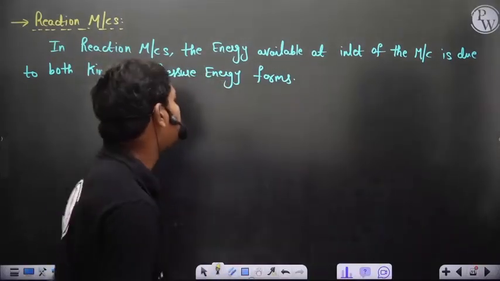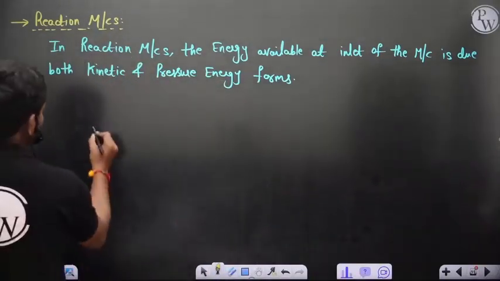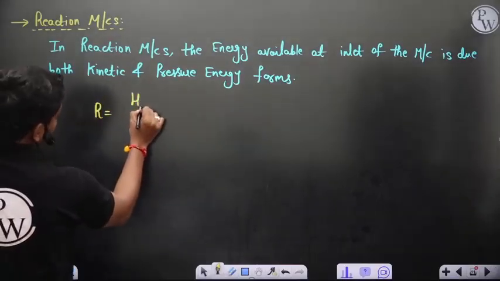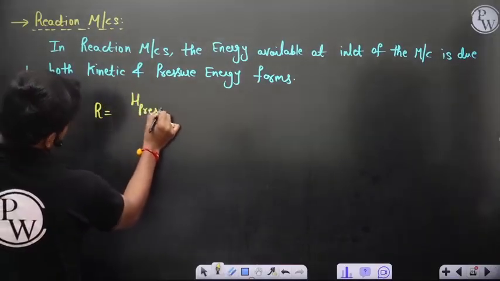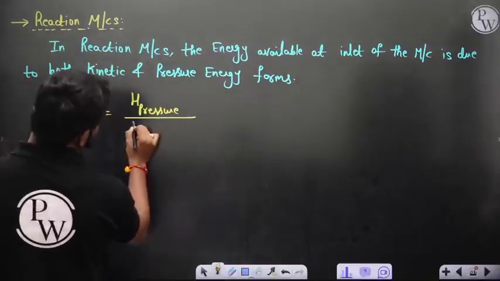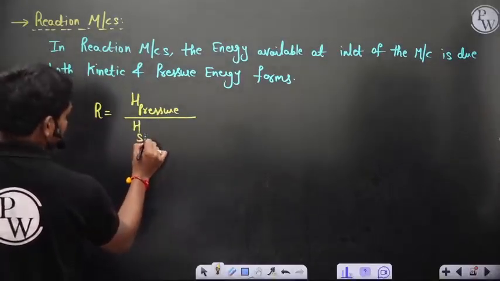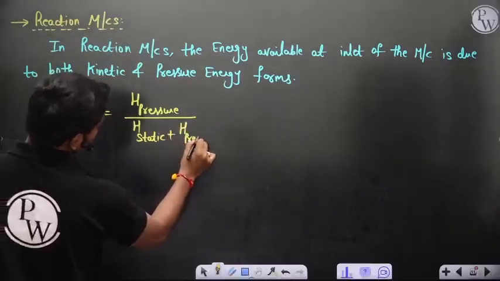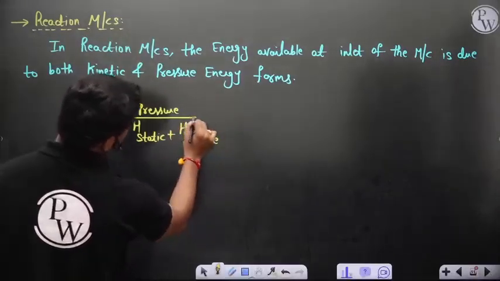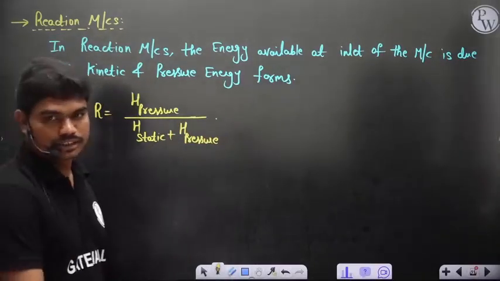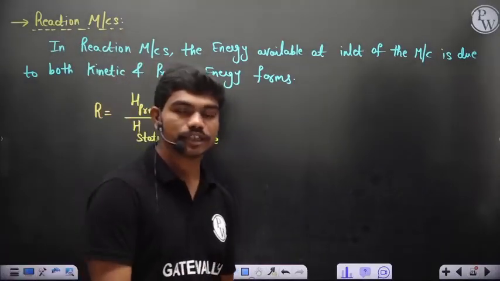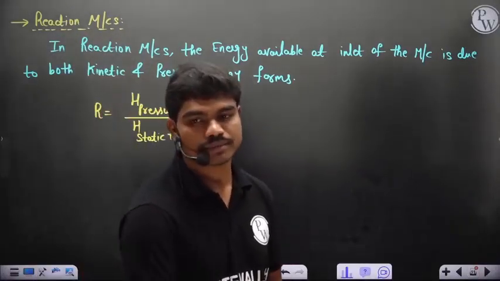Now, the degree of reaction R is equal to the change in head due to pressure, divided by the total head, which is the static plus the pressure head both. Okay, so change in pressure head by change in static plus pressure head, of course. In general, depending on the type of machine, we'll see reaction machines like the Francis, Kaplan turbines, all these things.